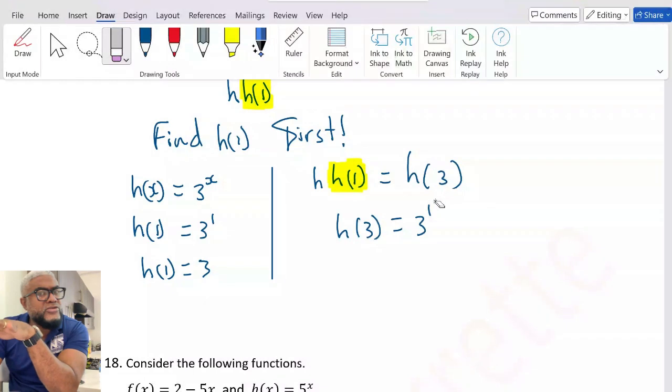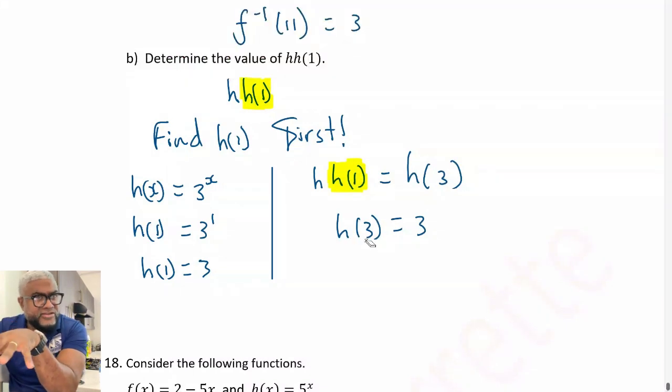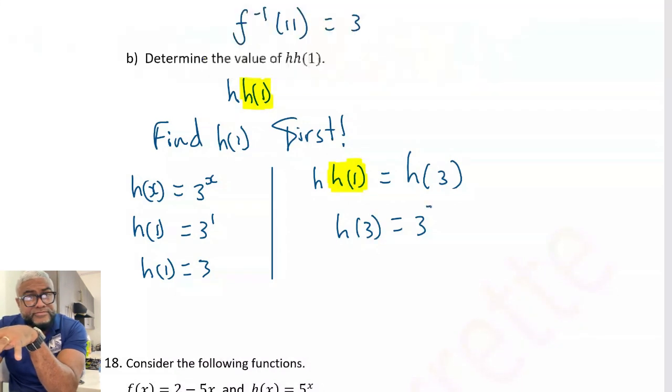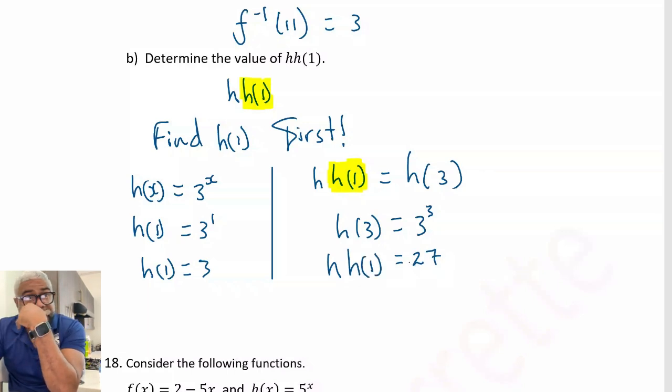So I'm trying to figure out where you saw 1 if I ask you for h of 3. 3 to the power of 3. 3 to the power of 3 is what? 27. So this here is actually h of h of 1, right? There, right on my work. Or you have it already.